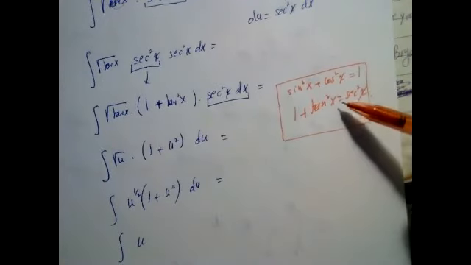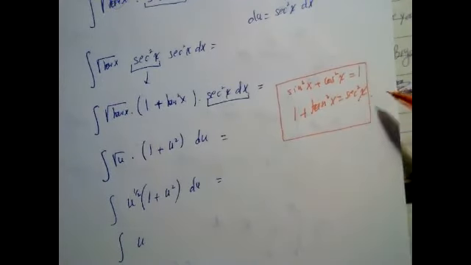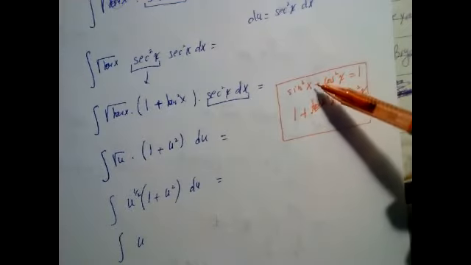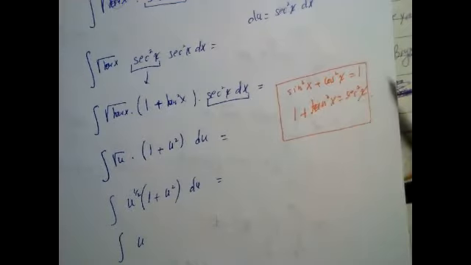And from this one, you derive tangent square equals secant square minus 1. And from the first, you derive sine square is 1 minus cosine square, and cosine square is 1 minus sine square. Okay, these are the two trig identities that you will encounter. All right? Thank you.